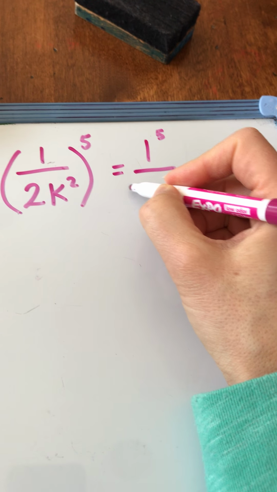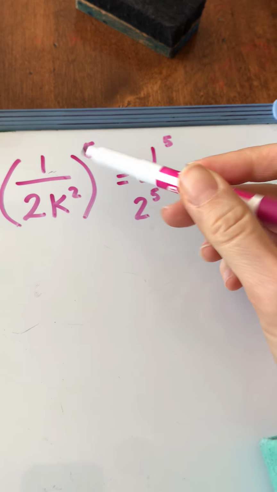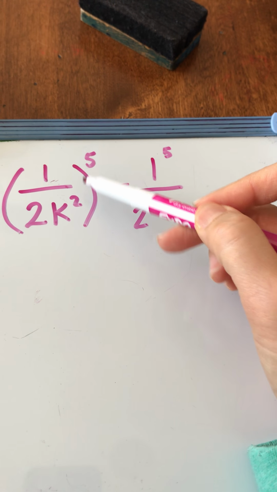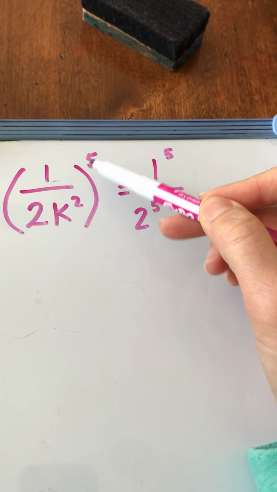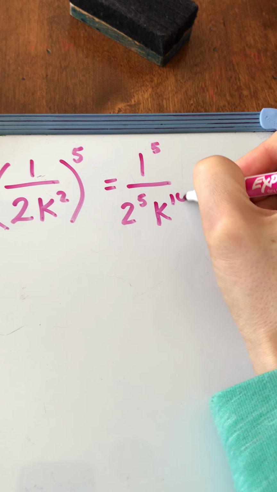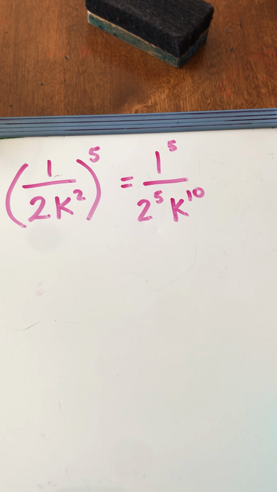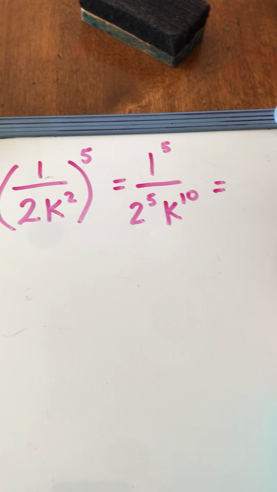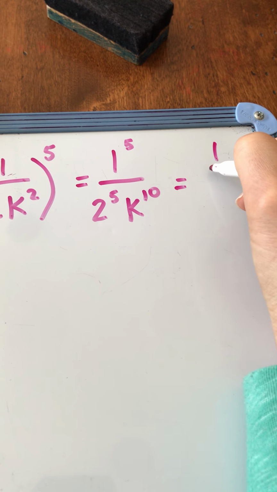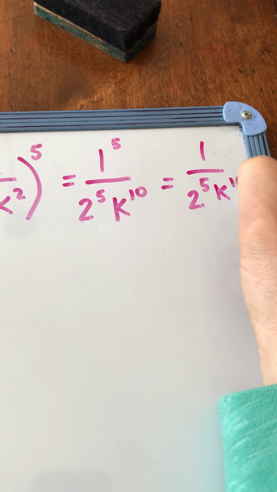The denominator, the 2 needs the exponent, and now the k needs it. So we have a power of a power. Remember from yesterday what we do with power of a power? We multiply the exponents. And then looking at that, we could simplify the numerator. 1 to any power is just 1. And you could leave your answer like that.